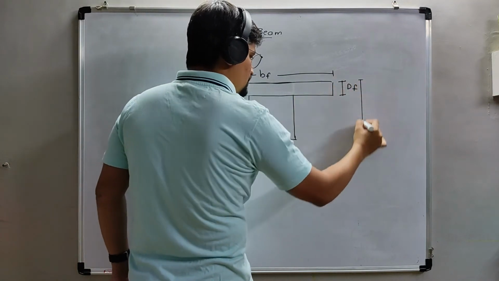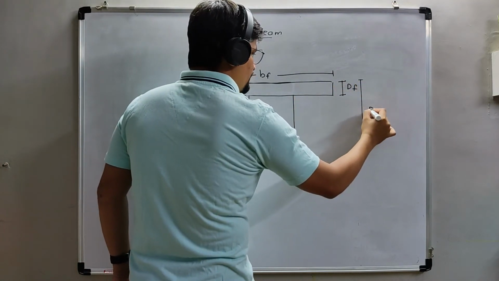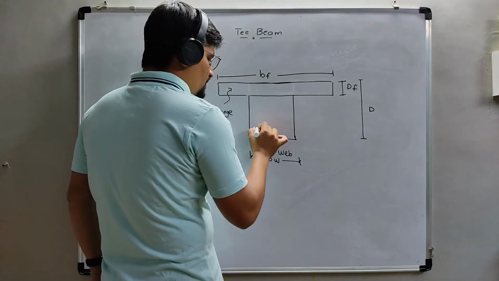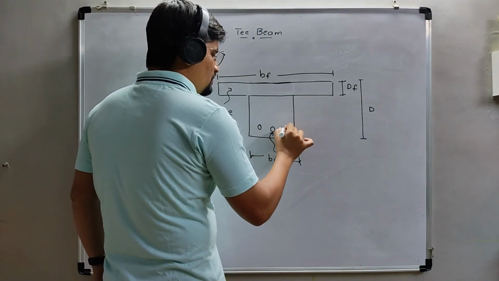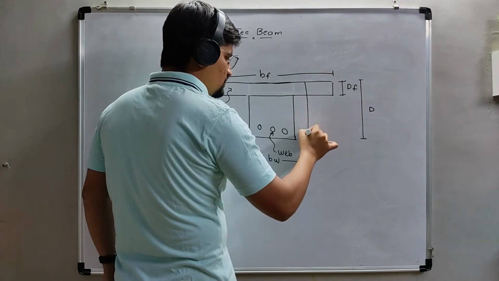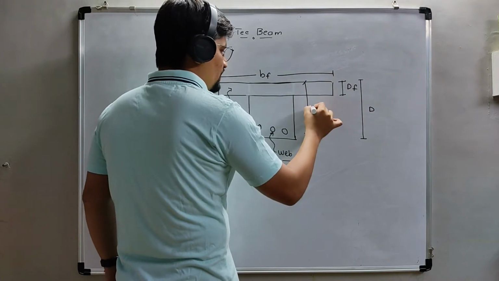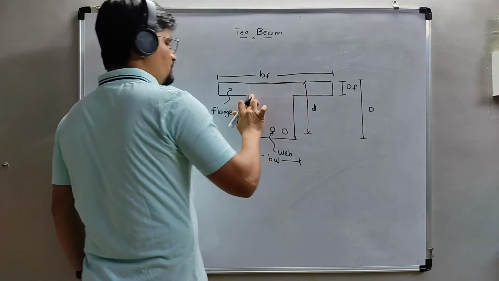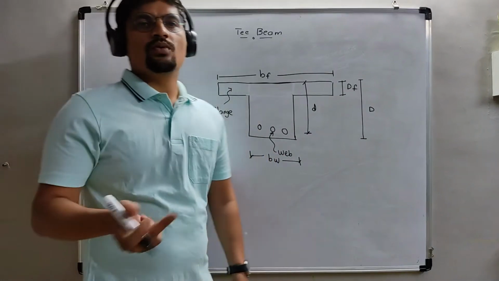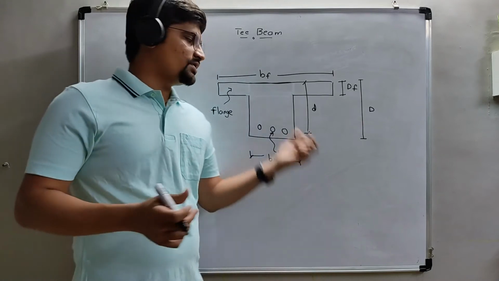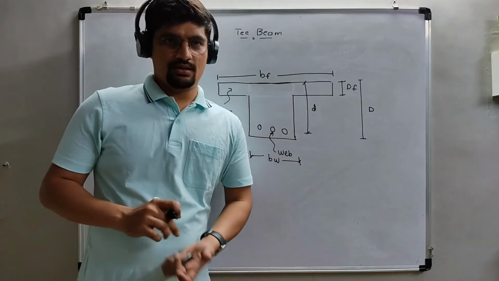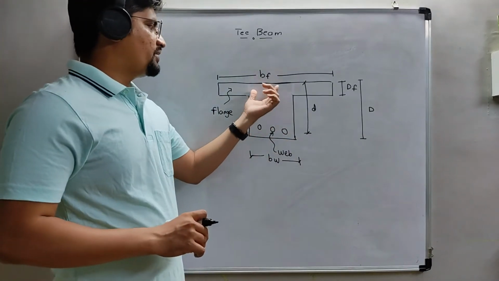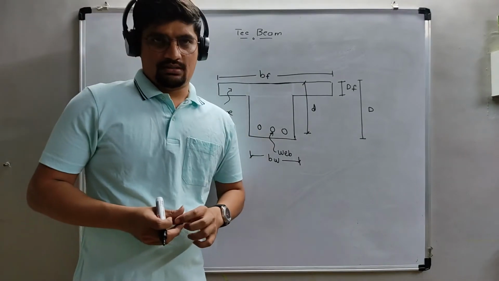From here to here is the overall depth. If we are providing reinforcement here, then from here to this center is the effective depth. So it's a mixture of the web portion of the beam and the flange portion of the slab. Like this, the geometry of the T beam is.